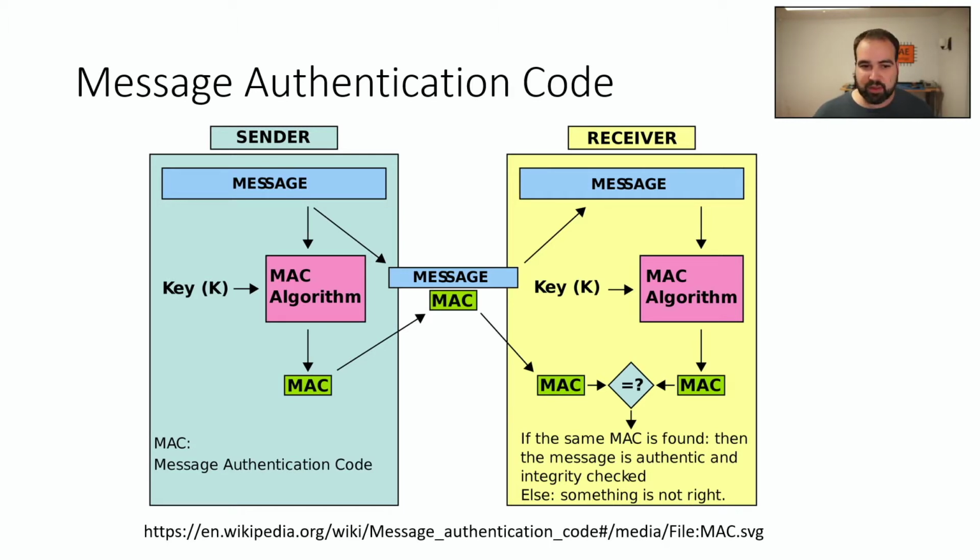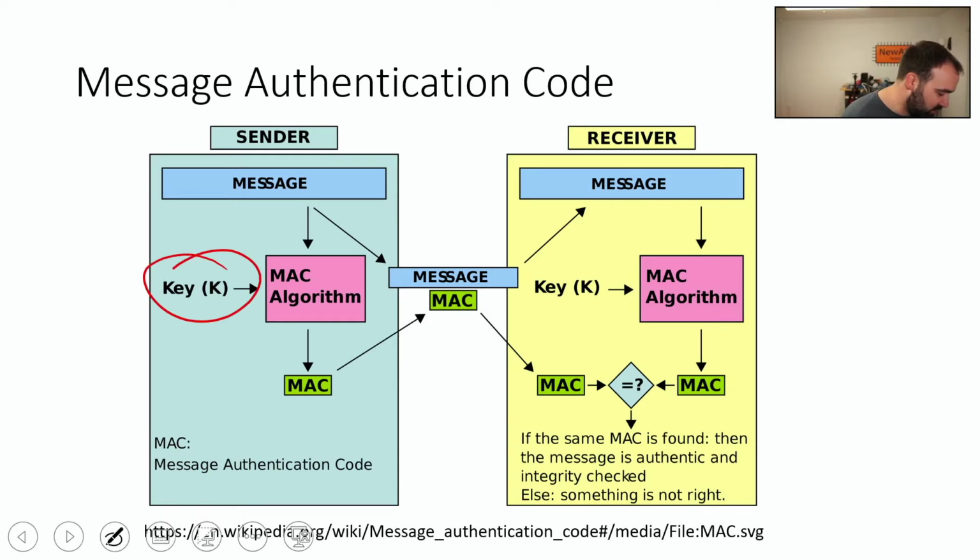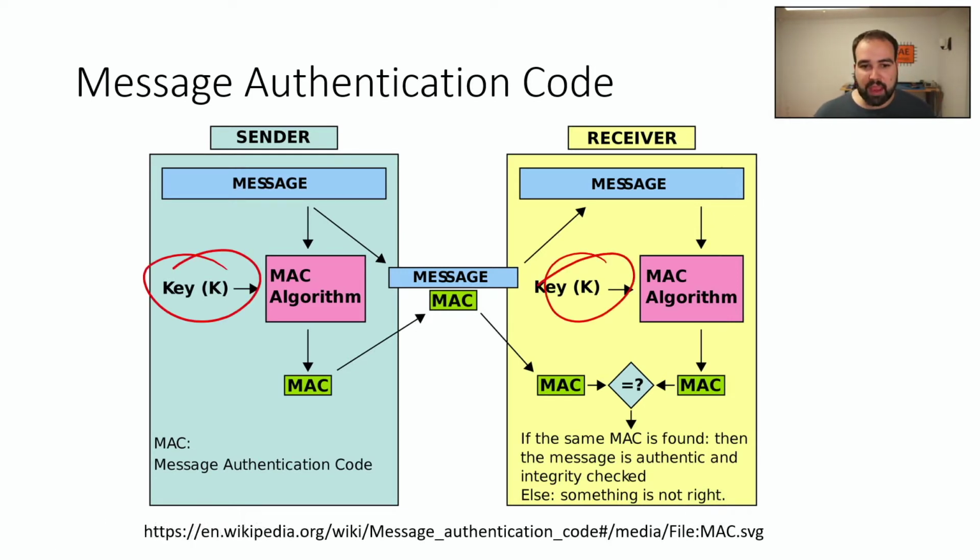But basically what you can see is that the sender and receiver both have some secret key, and what we do is that the message authentication code is calculated by the sender from the message. Right, and note that this means the message could be in plain text or ciphertext, so the message does not have to be encrypted. We do not have to have confidentiality to get this message authentication code.